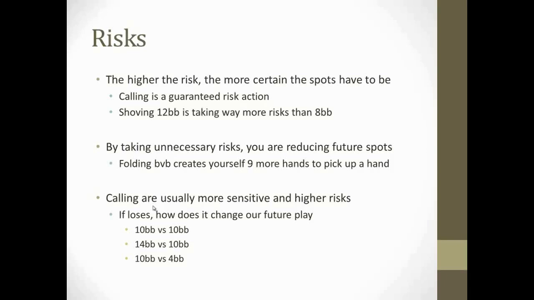So, for example, when I have king 6 offsuit, blind versus blind, 10 big blinds, and the small blind is 10 big blinds also, when he shoves more than 60%, it's plus EV. So I have to be very sure he's shoving 60% every single time for me to call with king 6 off. If I know he's shoving 60% every single time, then I will call.